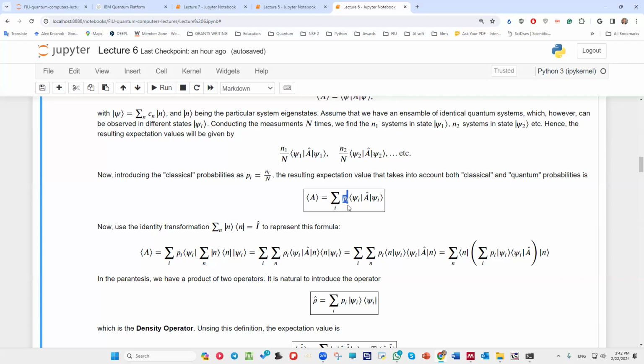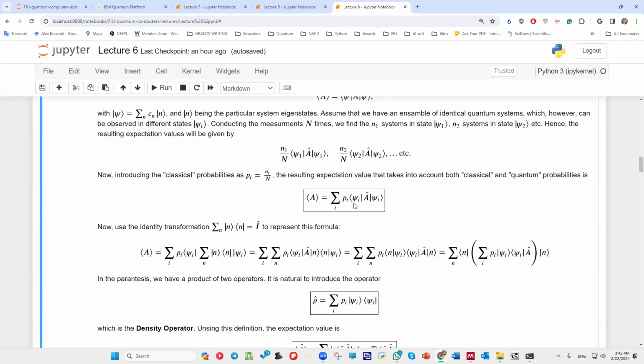However, the classical probability, which is given by this coefficient p with index i, comes from the fact that we don't know something about the system. So for example, if I know just two parts, like just two atoms in my system, I can measure the velocities or the energies of the entire system, of the molecules, the atoms.